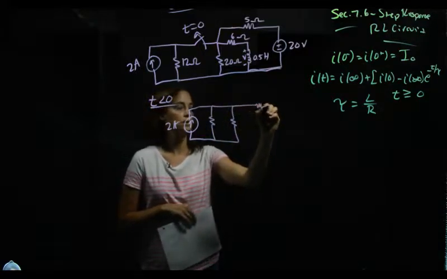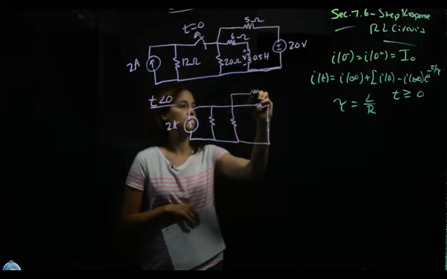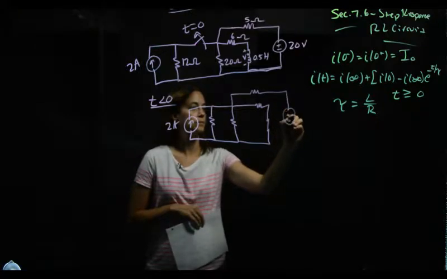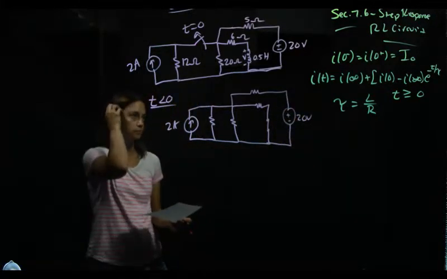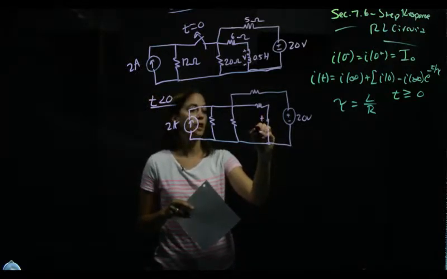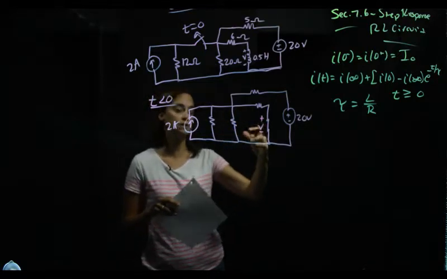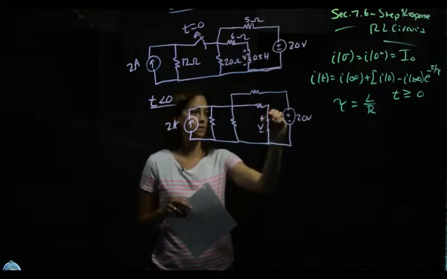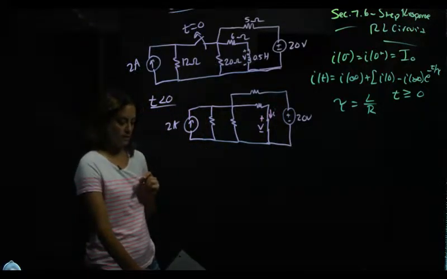Inductor looks like a short. So I have this circuit. And we're looking for the voltage finally across this, but to get to the voltage, we're going to find the current, because we're talking about an inductor. So I want the current across there.